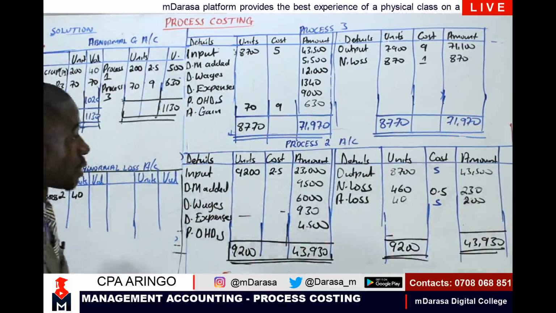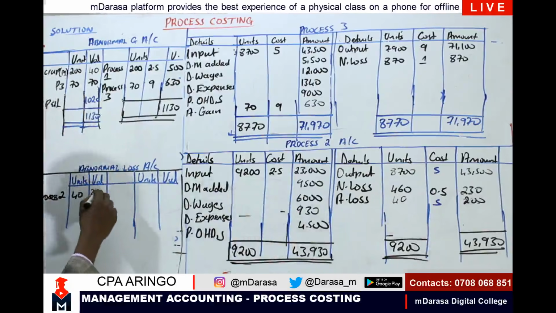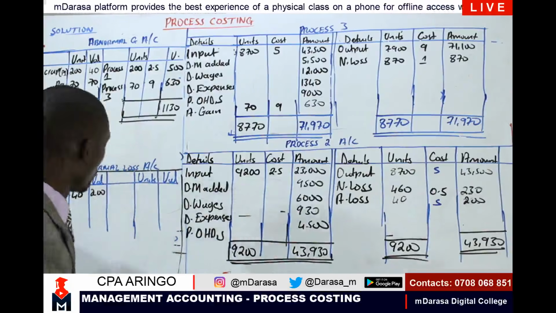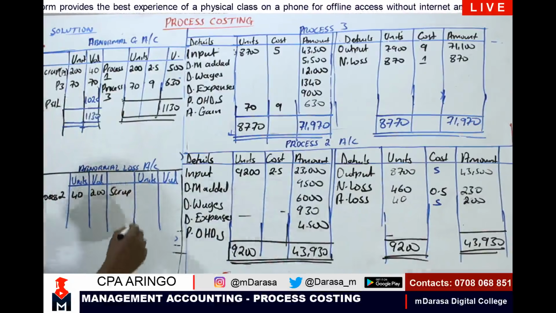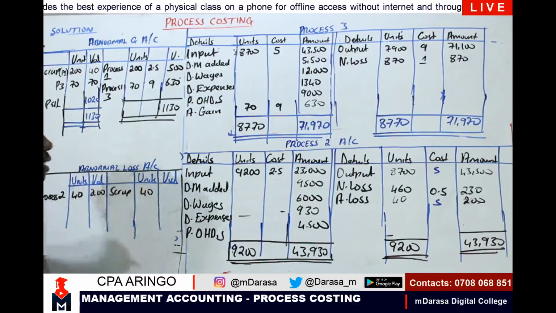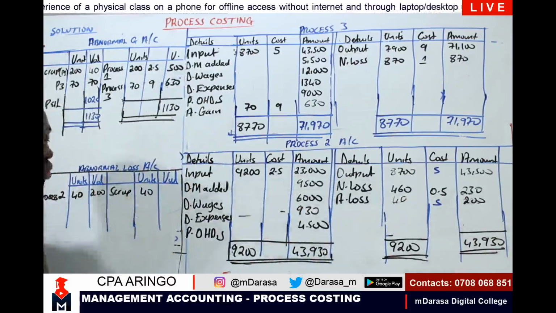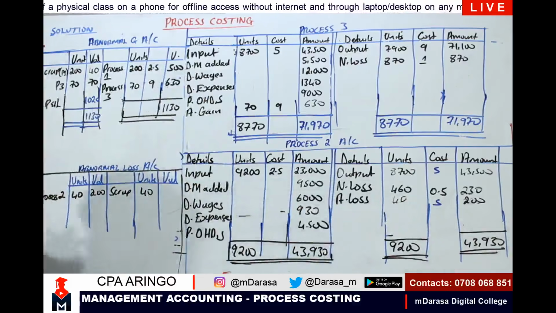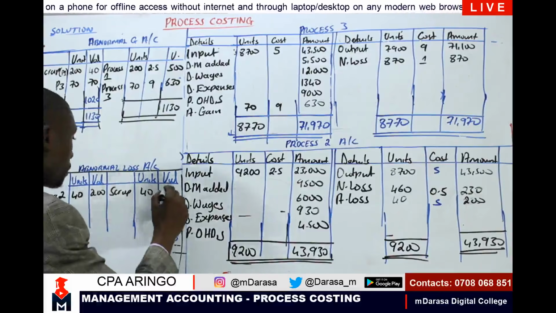Value was 200. After that, what was our scrap? Our scrap was 40 units. Scrap for process 2 we had 0.5. So 40 by 0.5 should give us 20.